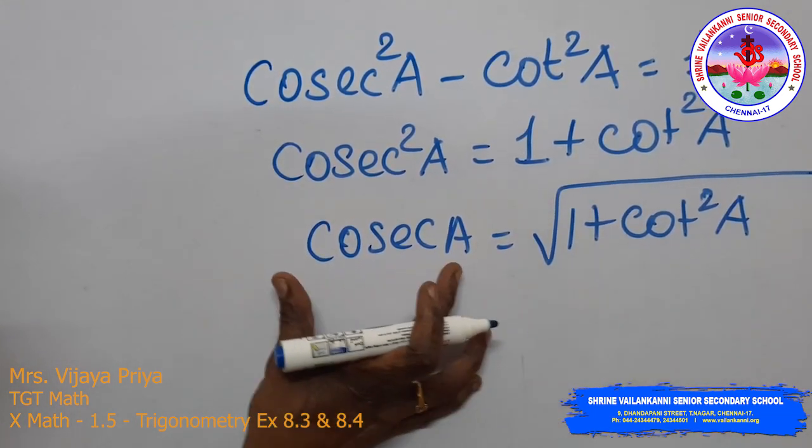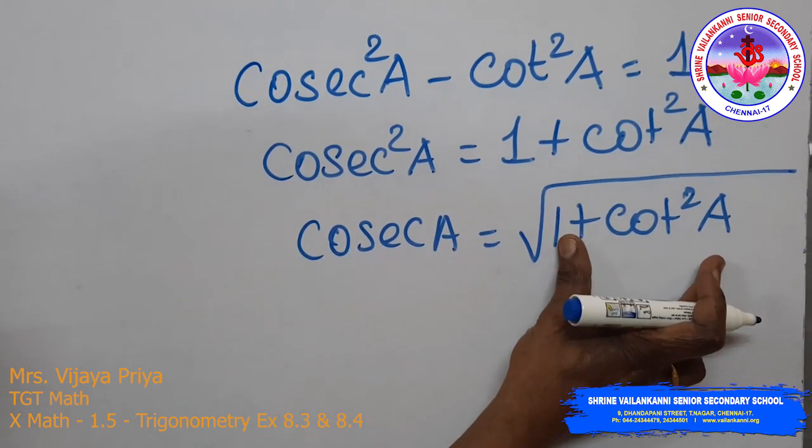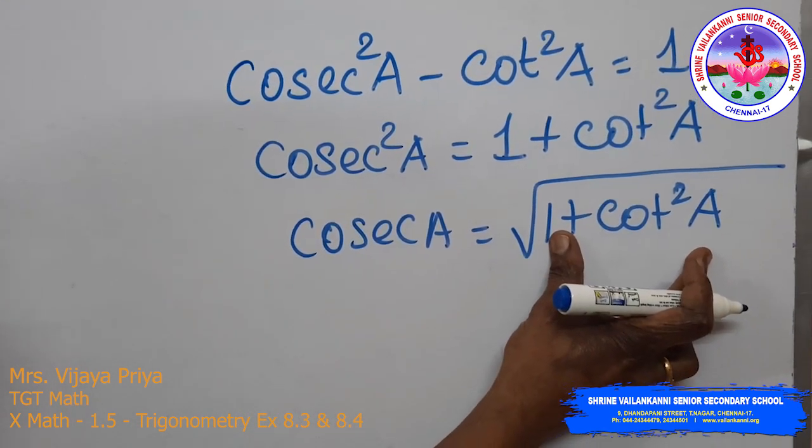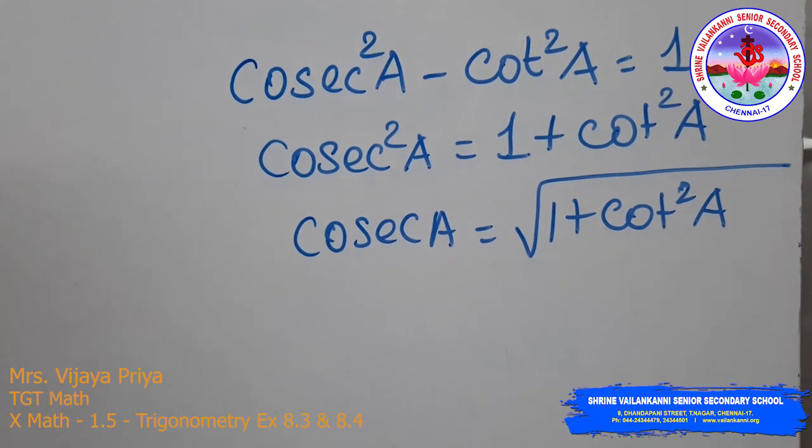So now I am going to write cosecant A as square root of 1 plus cot squared A in my problem.